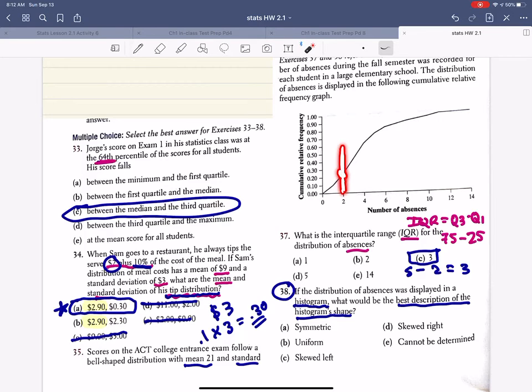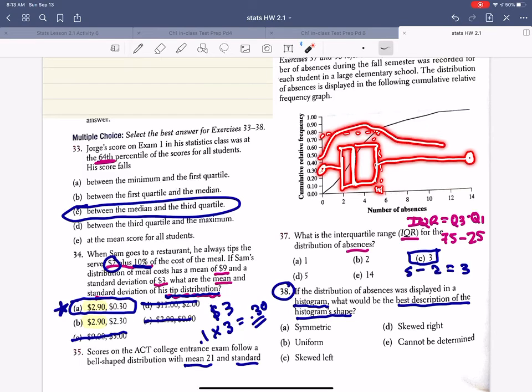So this would be the front face of my box, right? And there's my minimum. And then my median is at my 50th percentile. So it looks like my median would be about at 3. So that's the center of my box. And we said our 75th percentile is about 5. So that's the edge of my box. And then this one goes way out here.